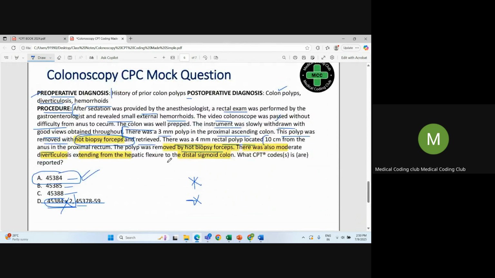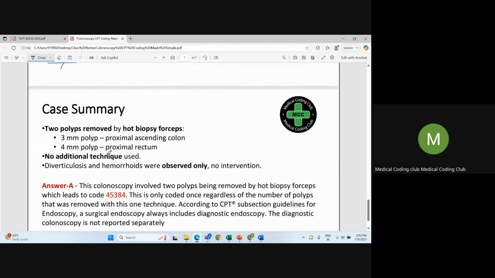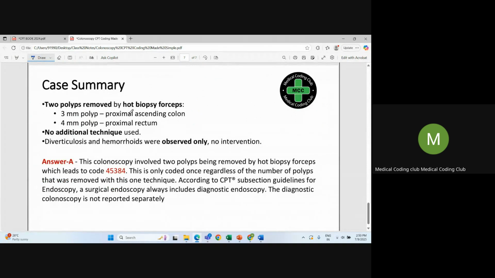And you can see the rationale for this. As we already discussed, there were 2 polyps removed using hot biopsy forceps: one 3 mm polyp at the proximal ascending colon, and another 4 mm polyp at the proximal rectum. No additional technique was used.